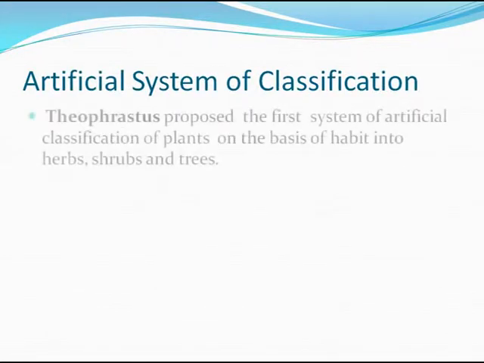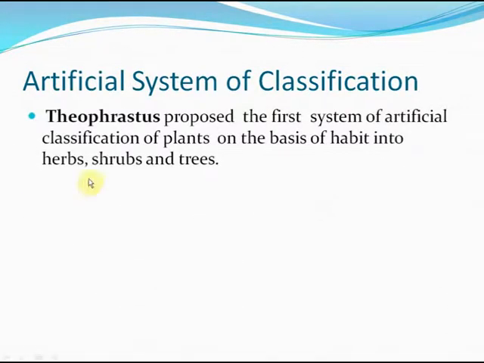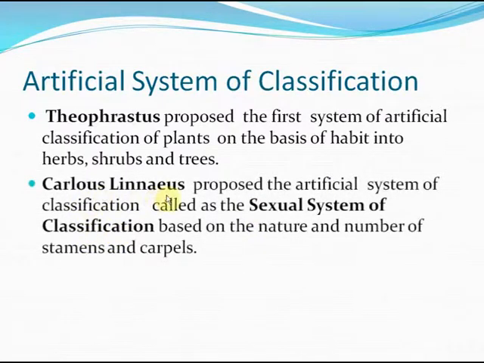Coming to the artificial system of classification. Theophrastus proposed the first system of artificial classification of plants on the basis of habit into herbs, shrubs and trees. Carolus Linnaeus proposed the artificial system of classification called the sexual system of classification, which was based on the nature and the number of stamens and carpels.